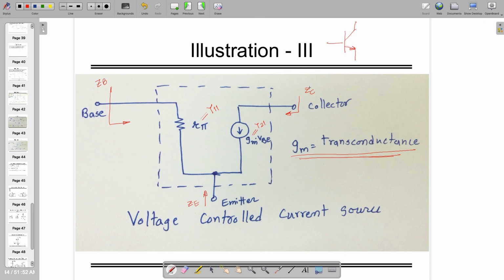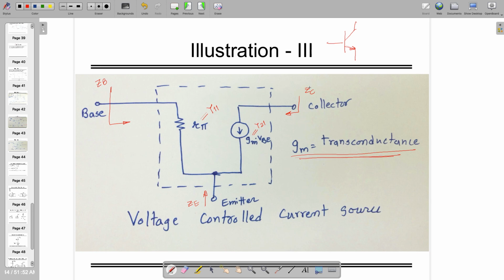When you want to find the impedance at the collector, you have to make base and emitter 0. So there is no R pi. As Ashish is saying, VB is equal to 0, so the current flowing through this network is 0. Current being 0 means the impedance is infinite. So ZC is infinite in this case.